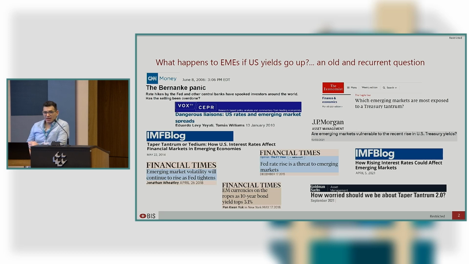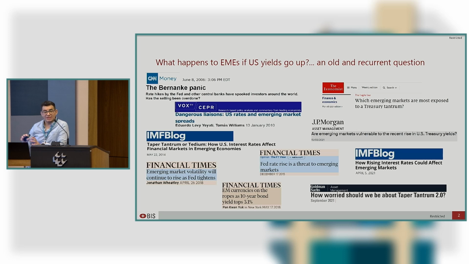So when yields in the US go up, then immediately there is a concern about emerging markets. There is an old question and recurrent in the media and policy circles. Here are some examples of the headlines, but the key question is, yes, there is always a concern about emerging markets.